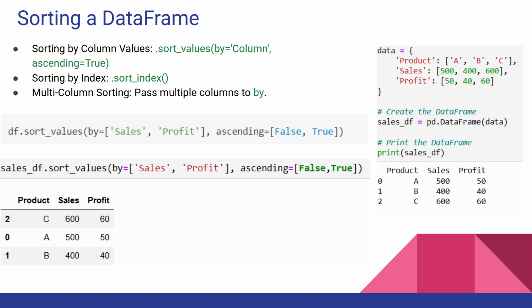Now if you are having a set of values which are equal, there it will be actually sorted by your profit, right?